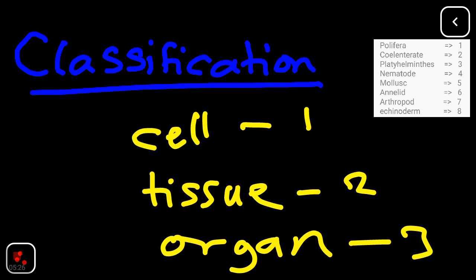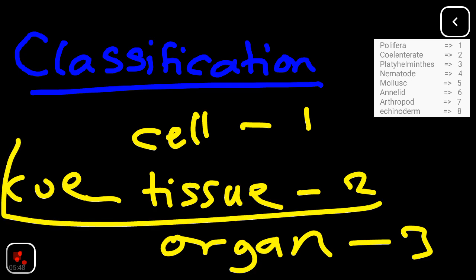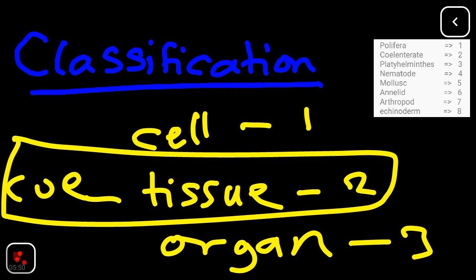You can see that Porifera is under cellular, Coelenterate is under tissue, while from Platyhelminthes down, organs are developed. What I want to make clear is that under tissue, you have a lot of questions, like Hydra. They used to ask this, so pay attention very well.